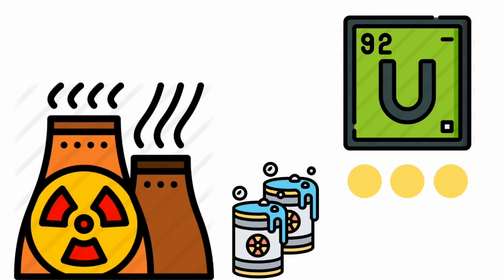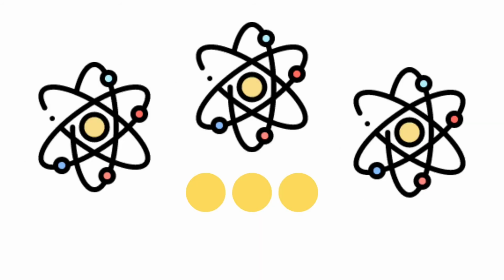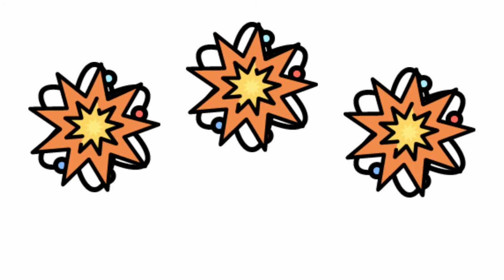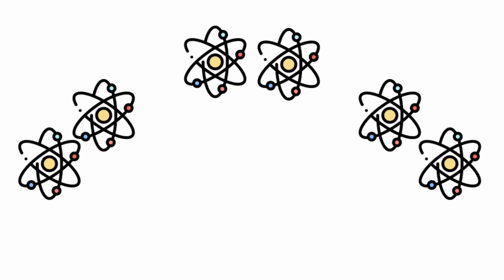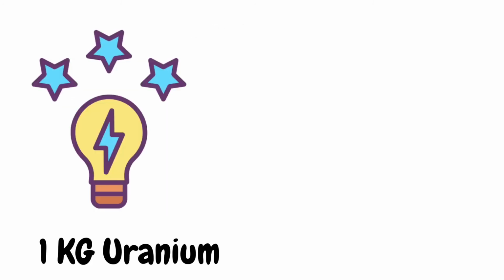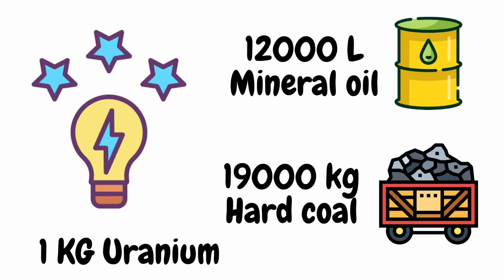When uranium atoms are split in a nuclear power plant, it involves the release of 3 neutrons. This will lead to the next fission process in a chain reaction. Finally, energy is released. Here's a fun fact: 1 kilogram of naturally occurring uranium has the energy of 12,000 liters of mineral oil, or almost 19,000 kilograms of hard coal.